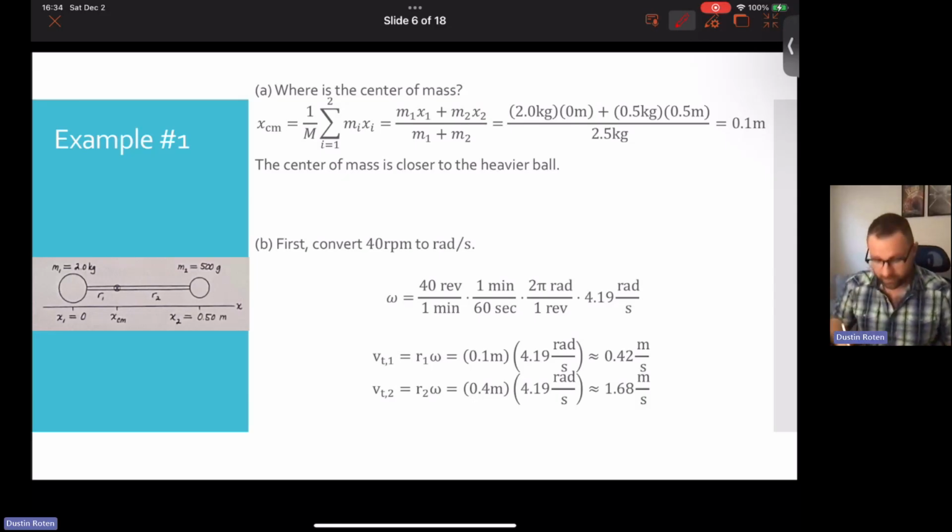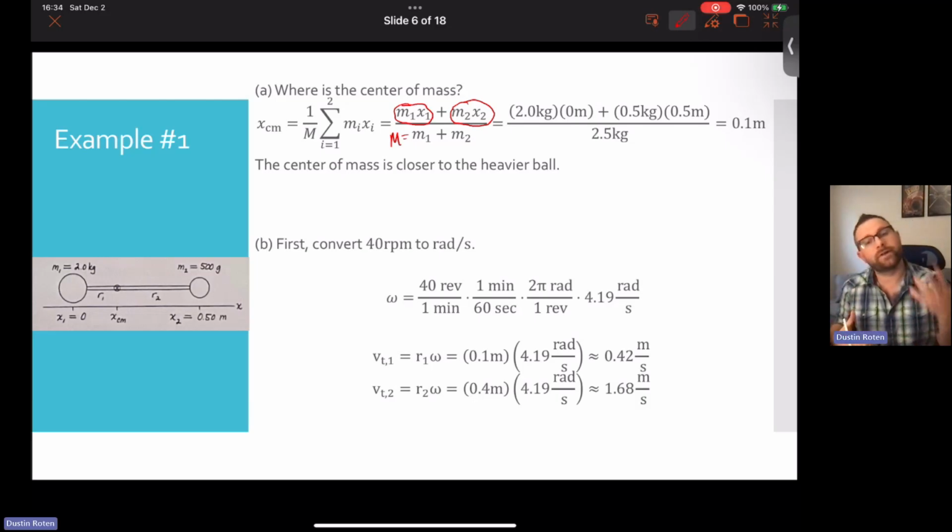So I'll use my formula: the mass-weighted average, 1 over total mass, times the sum. Here I have the mass and position of the first ball plus the mass and position of the second ball, divided by big M.